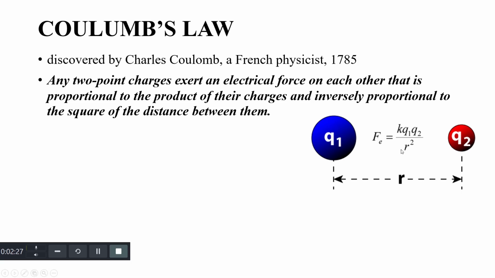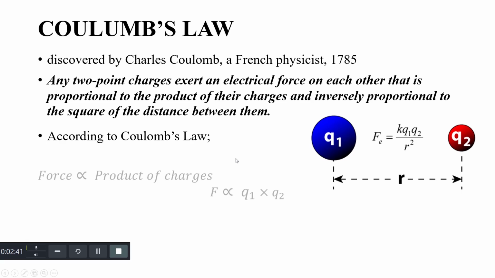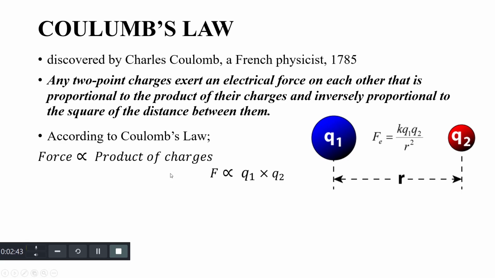So if there is a greater distance, the electrostatic force will be lesser, and if the distance between these two charges is lesser, the electrostatic force would be greater. According to Coulomb's law, force is directly proportional to the product of two charges, and force is also inversely related to the square of the distance between these two charges.